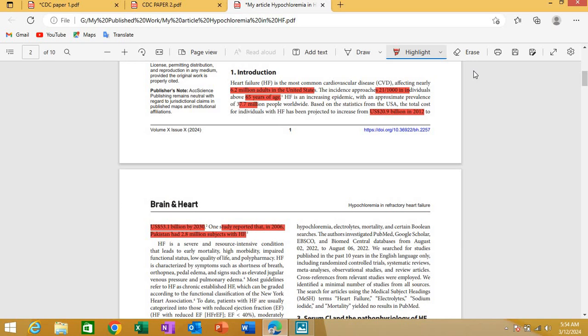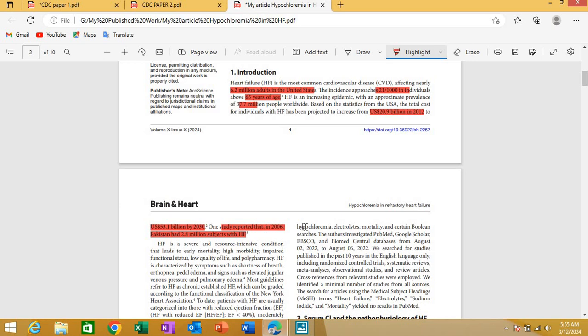Rather, here I have written 4 to 5 numerical facts about heart failure, and if someone who doesn't know much about heart failure reads the first 5 lines, with this much statistics related to a problem or disease, it showcases how big the burden of the disease is, why research into this field is important, and why you are reading this paper.